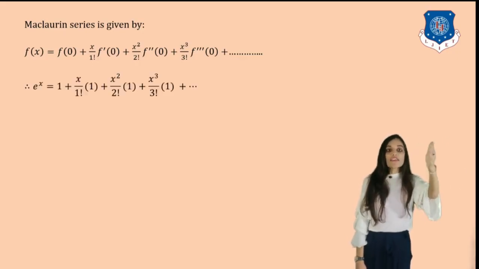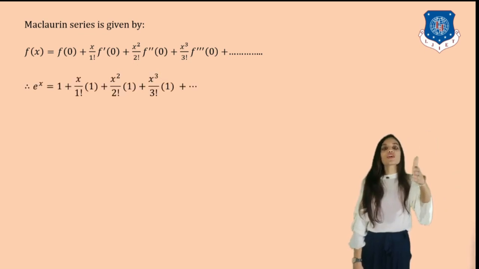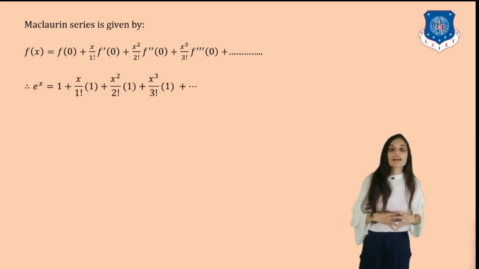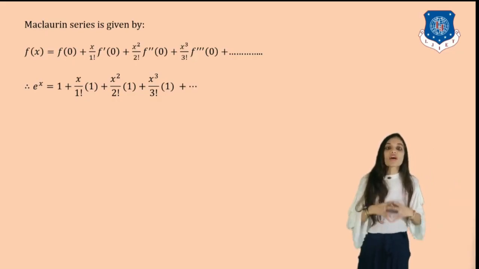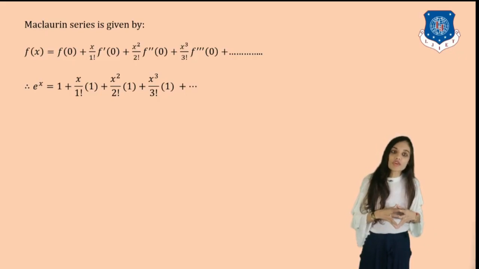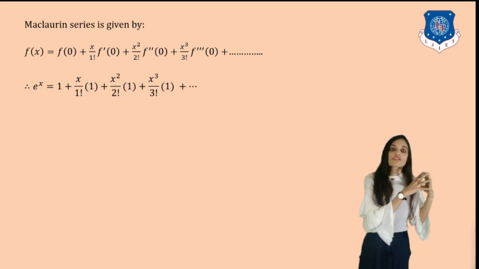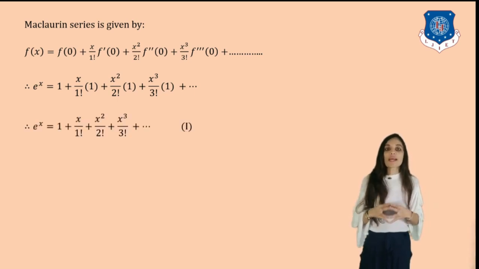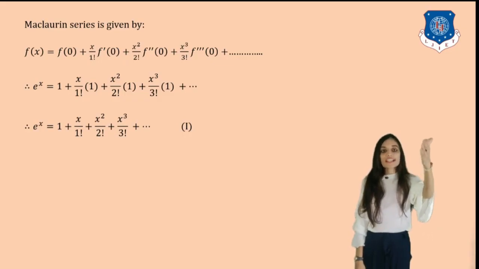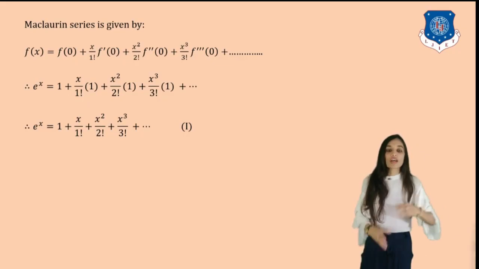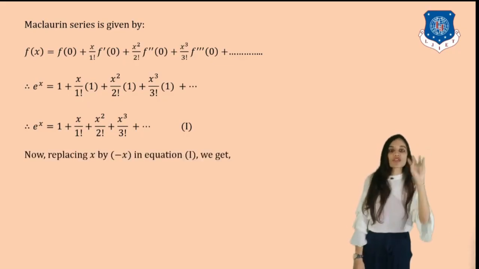Here every derivative and f of 0 is equal to 1 at x is equal to 0. So finally our Maclaurin series of e raised to x will be equal to 1 plus x upon 1 factorial into 1 plus x square upon 2 factorial into 1 plus and so on. So the Maclaurin series of e raised to x is 1 plus x upon 1 factorial plus x square upon 2 factorial plus and so on. We'll name this equation 1.